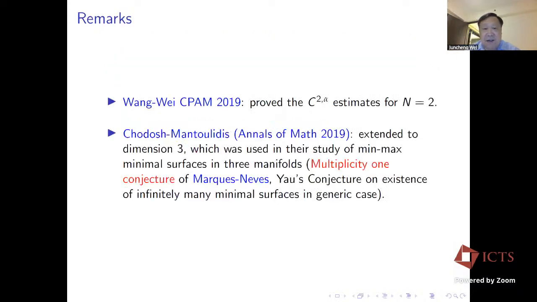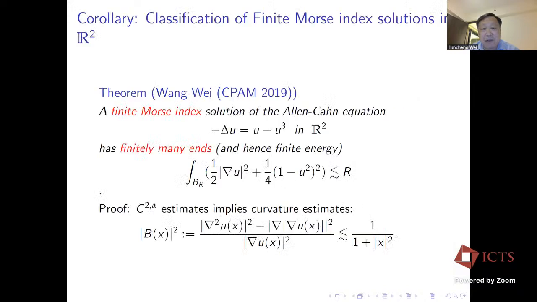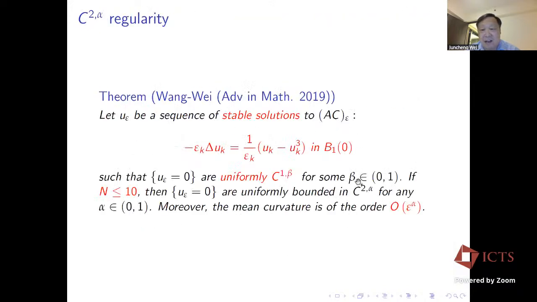Because the theta alpha estimate seems purely a local regularity, right? The theta alpha estimate on the minimal surface of the nodal set is like a local condition.